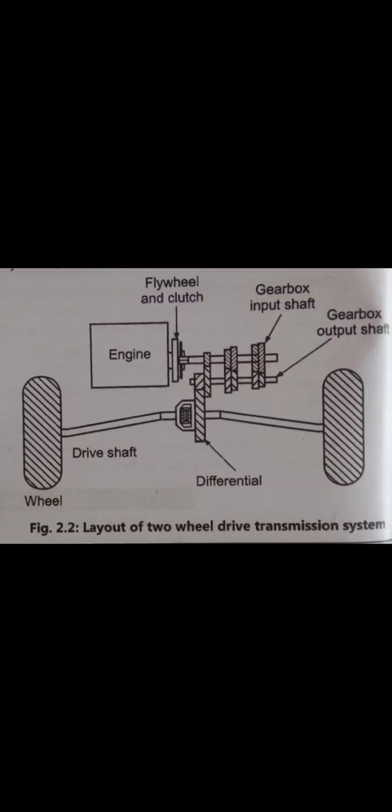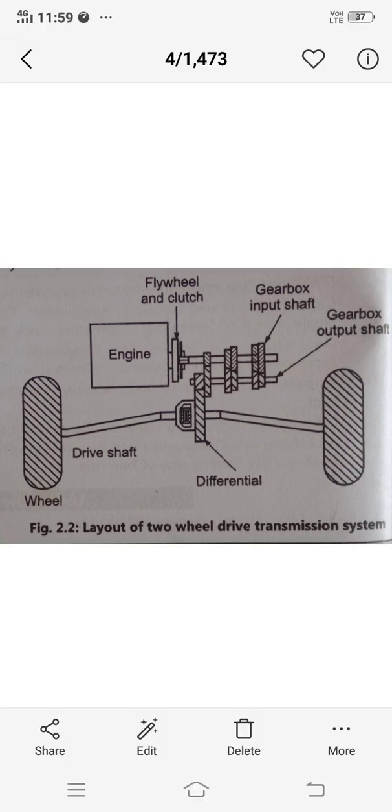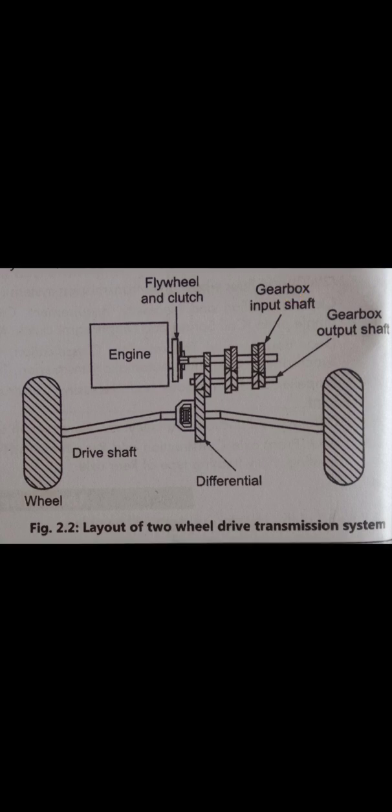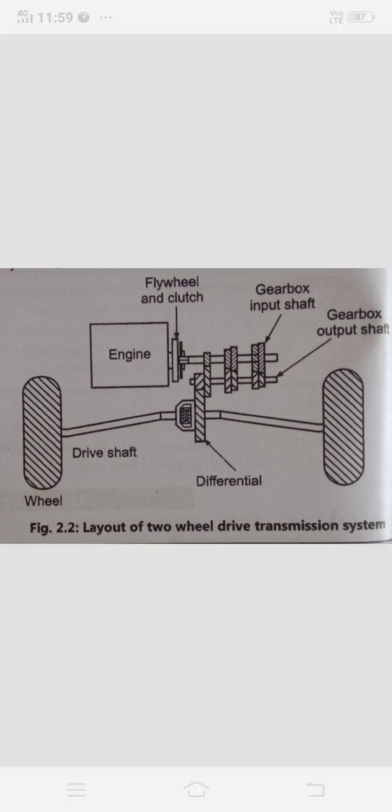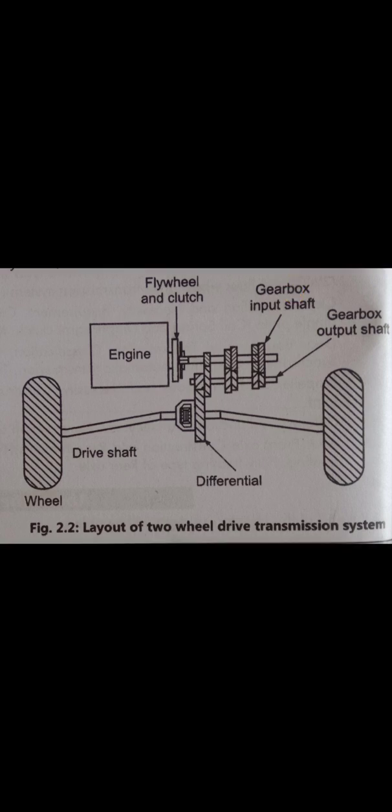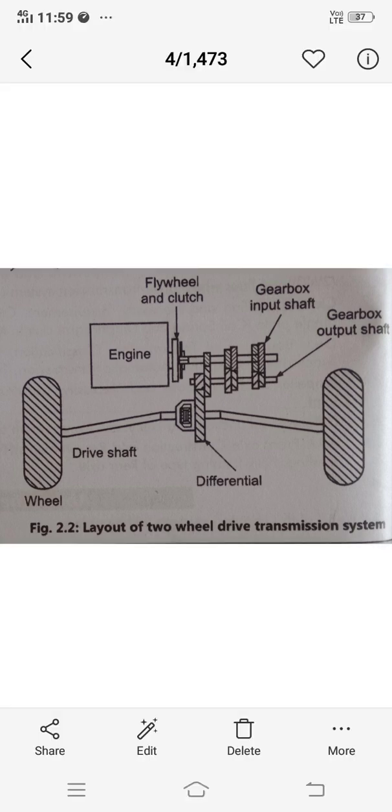This is the layout of two-wheel drive transmission system. Basically there are two-wheel drive transmission system and four-wheel drive transmission system. Now we will see the first type, that is two-wheel drive transmission system.